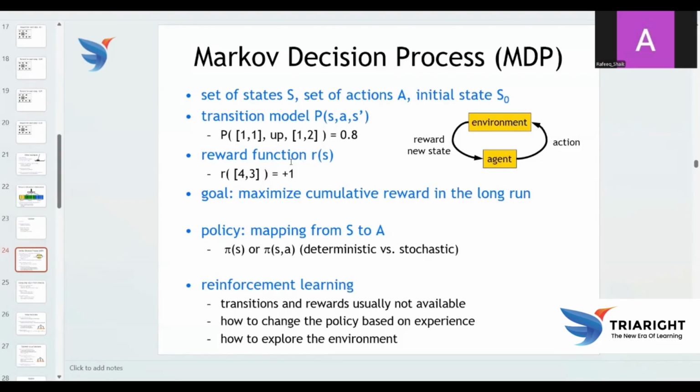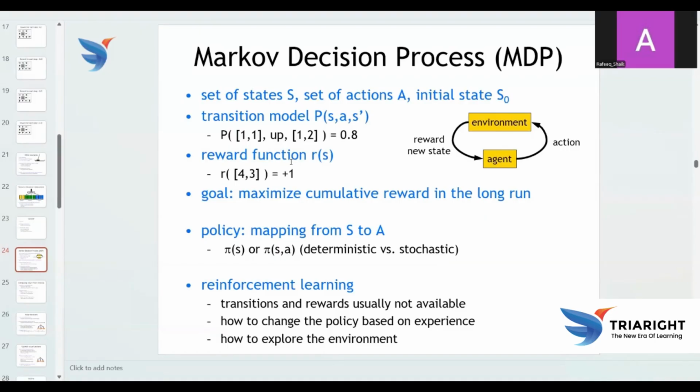In this, we can say an MDP is a framework used to describe an environment in reinforcement learning. It includes states S, all possible situations the agent can be in, and actions A, all possible choices the agent can make.